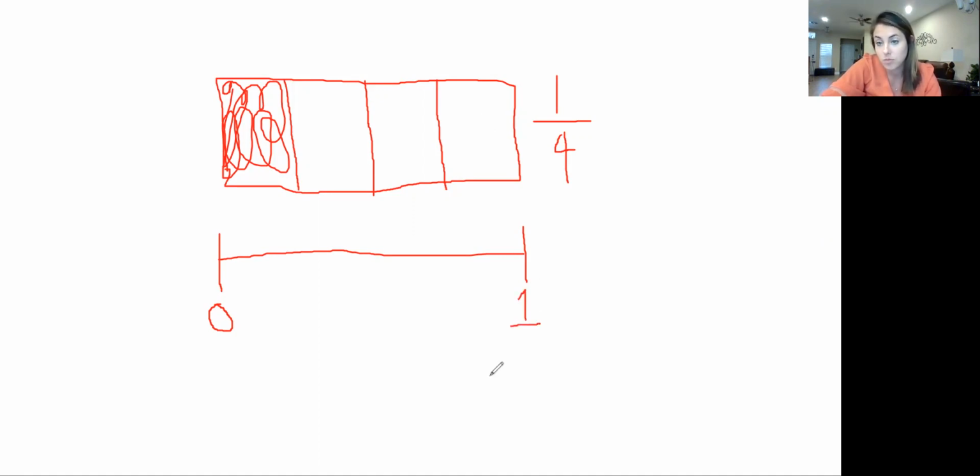Now, when I divide up my number line, I want to make sure, just like with my models for fractions, that they are equal parts, right? And if I'm breaking it up and this whole has 4 equal parts, I need to make sure my number line has 4 equal parts. So here I know that this is 1 part out of 4.